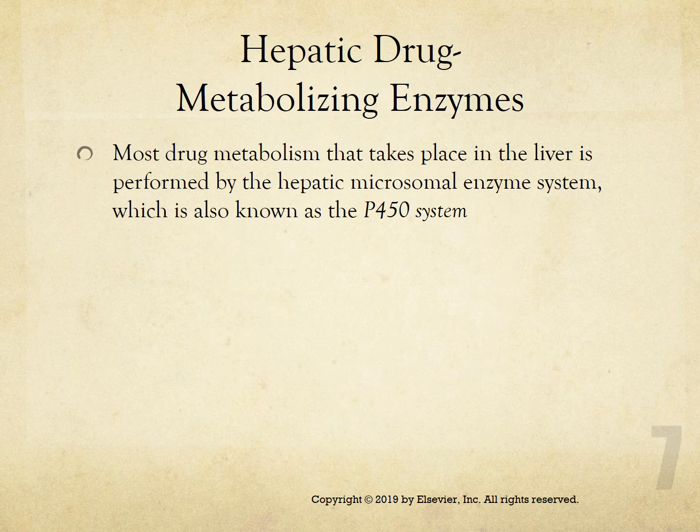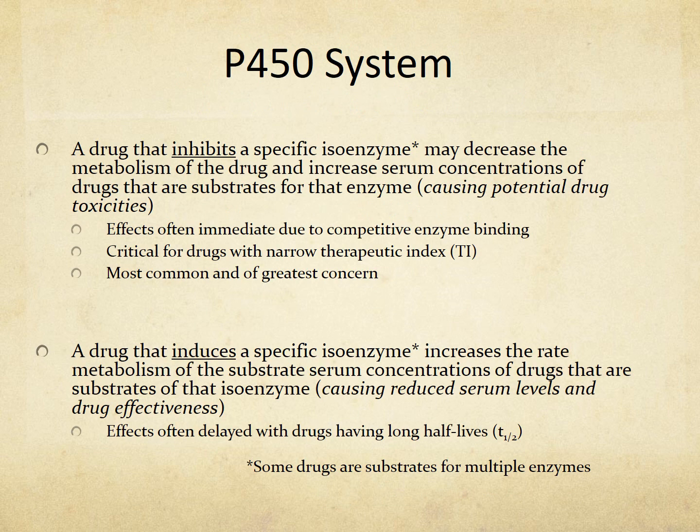Most of the drug metabolism that takes place in the liver is performed by the hepatic microsomal enzyme system, which is known as the P450 system. The P450 system is a set of enzymes. There's over 50 with over 100 subtypes.